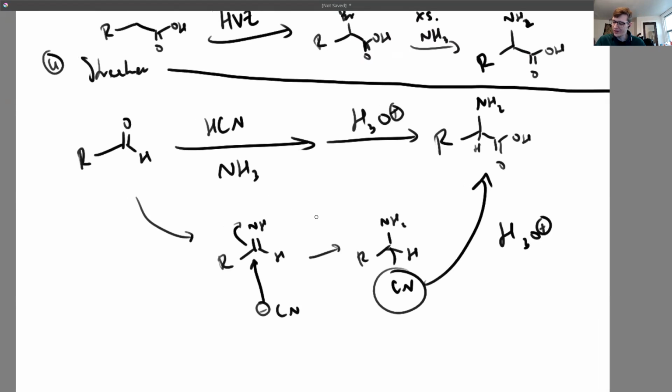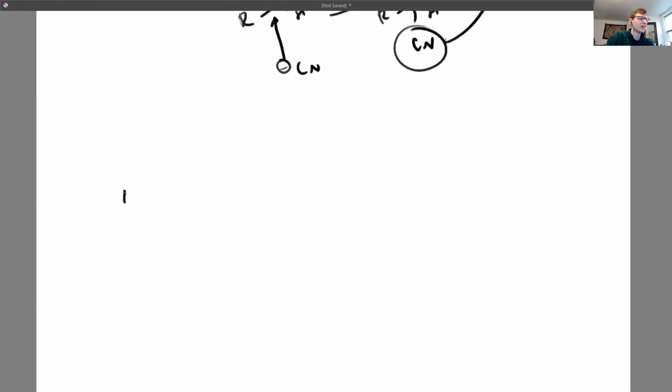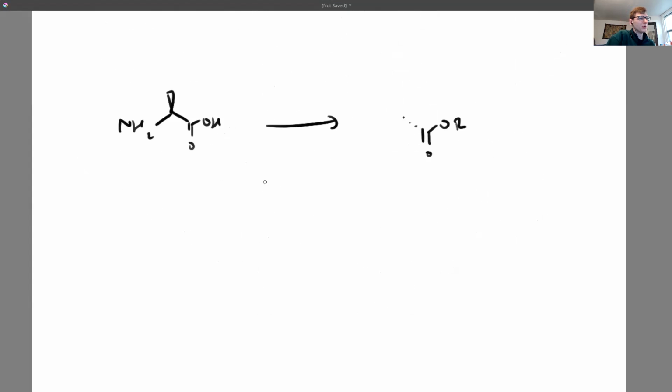I think that's all of them. Let's see. I was looking through the book earlier, and now I'm looking at it right now too, and there's this whole section on reactions, and they tell you, oh, you could have some amino acid, and you could esterify it, or you could acylate this end, right?